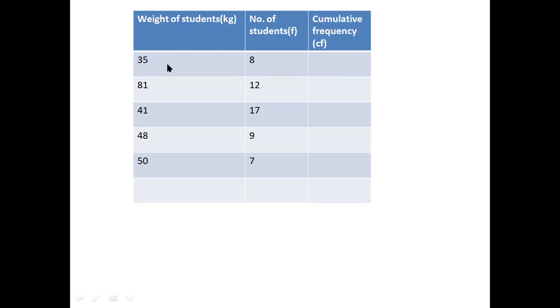So up to 35 kg of weight there are 8 strings, and when another weight is added, 12 strings were added, and that became 20.